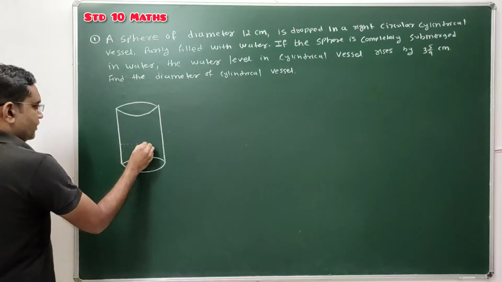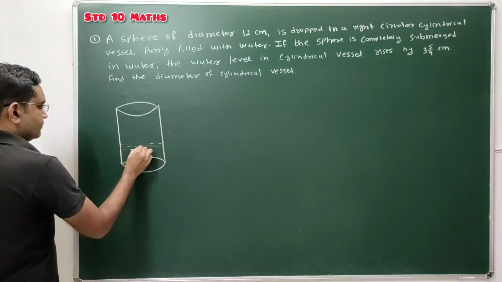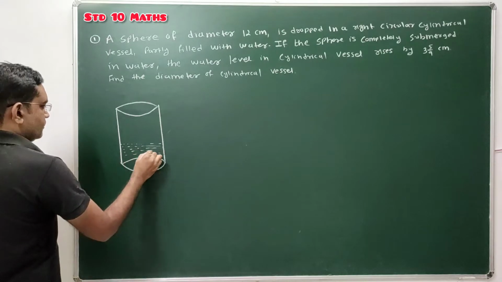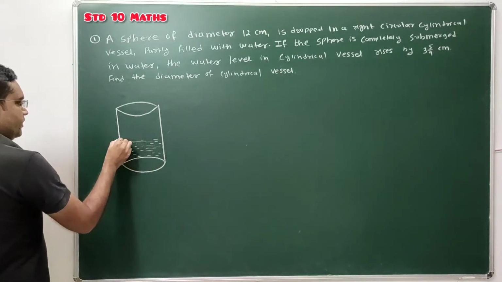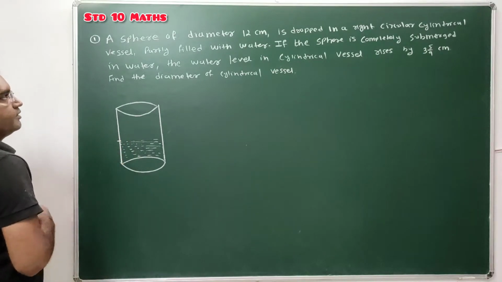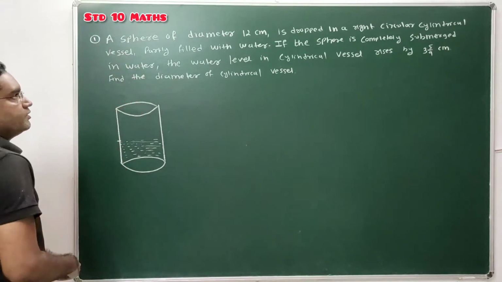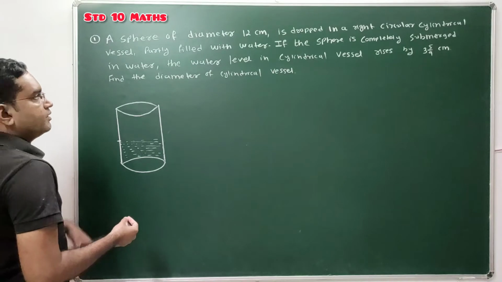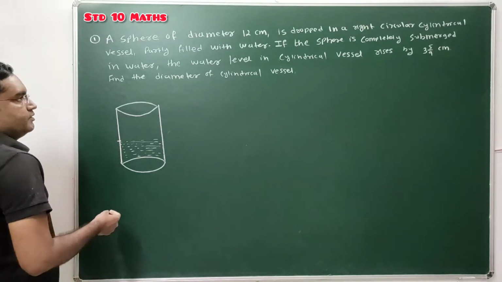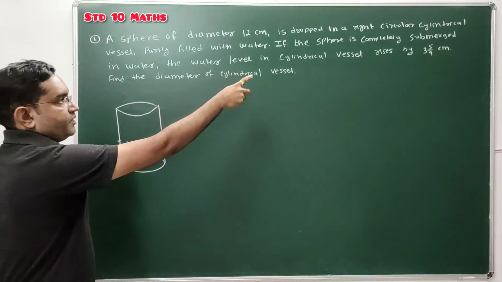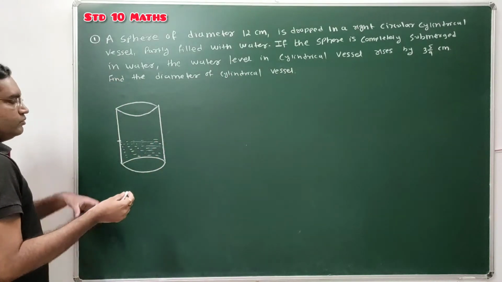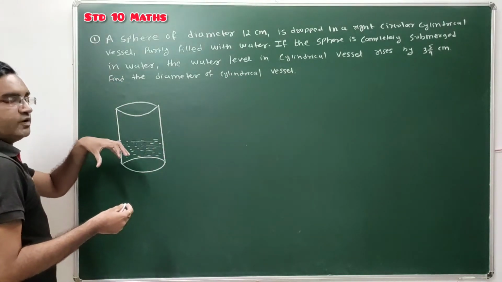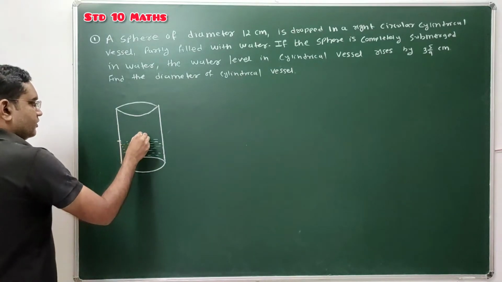This is the initial water level of the cylinder. Now if we drop the sphere of diameter 12 cm in the cylinder, then the sphere is completely submerged in water. That means you have to submerge the sphere completely in the water.